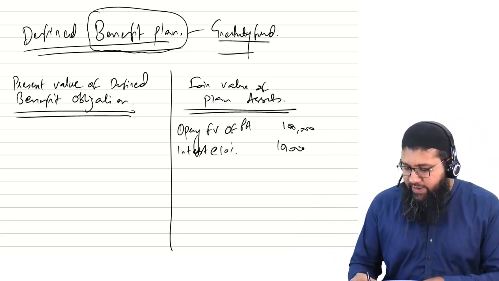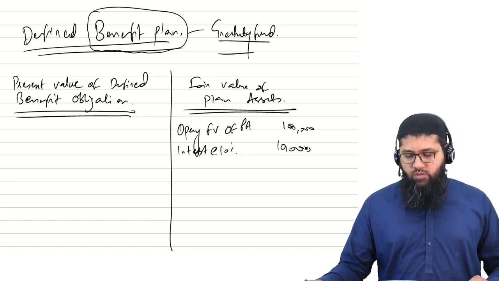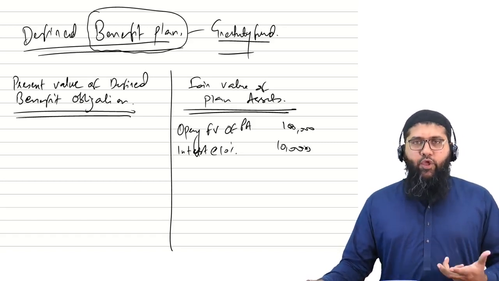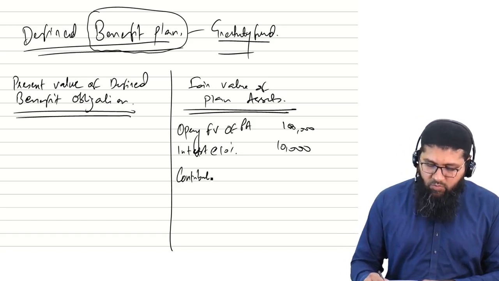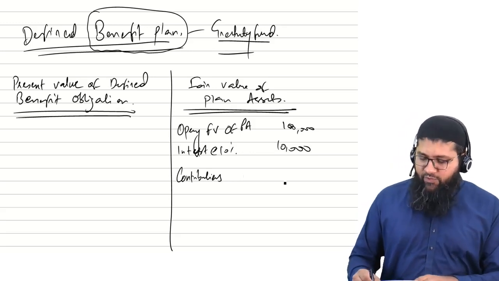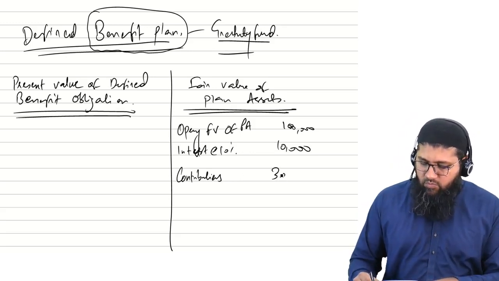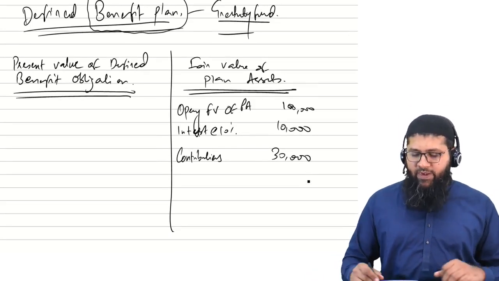So if they're going to give a return of 10%, there's going to be 10,000 as a return. Then during the year, there are contributions that we have paid into the fund. Let's say 30,000 is the contribution that we have paid into the funds.